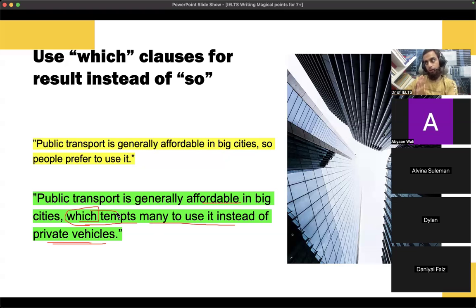Which gives the concept to many, and then the word many is also to be avoided, and we are coming to that. But here we are talking about the word so to be avoided with words like which, whereas, therefore, henceforth. Other words we can also use: due to the fact, due to the matter, due to the reason, instead of so, we have to go for it.